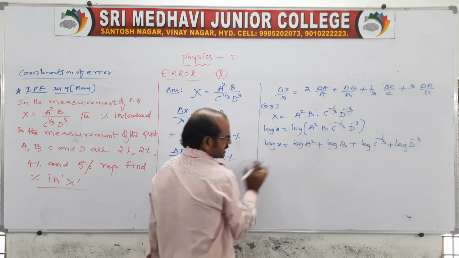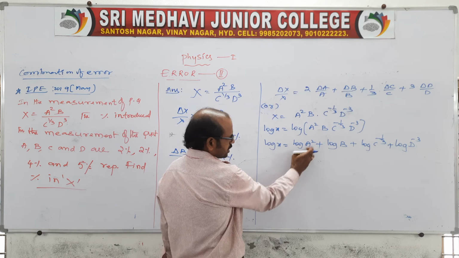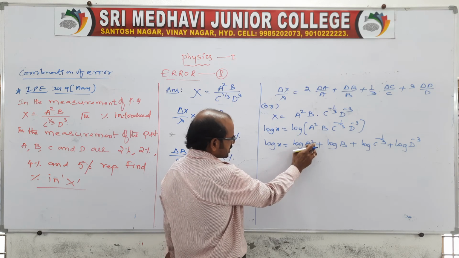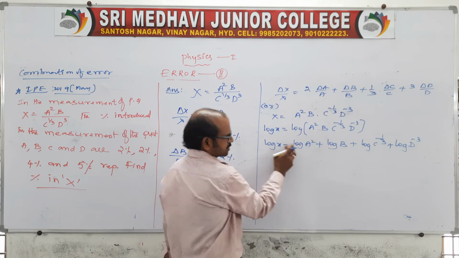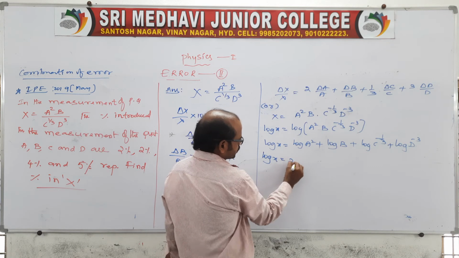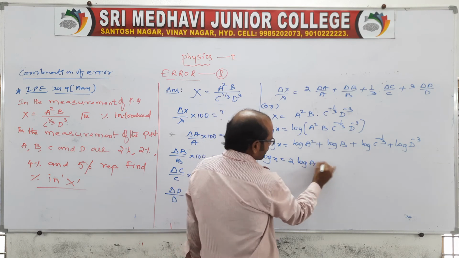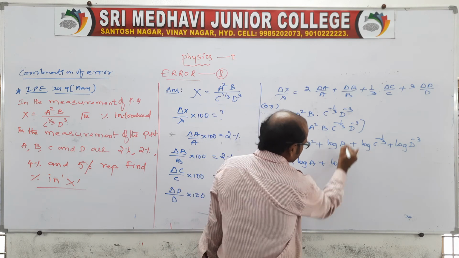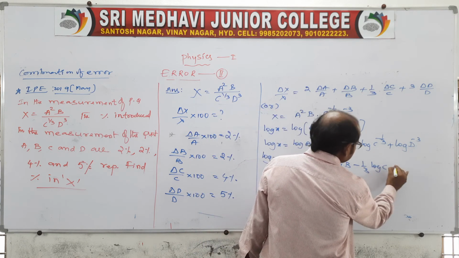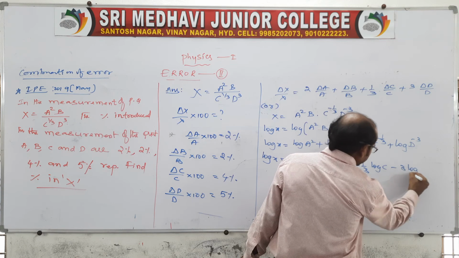So now you take differentiation. I told you in the previous class, whatever the power is there, you take in front of the log. So you write log x equals 2 log a plus log b, because the power is only 1, minus 1 by 3 log c minus 3 log d.